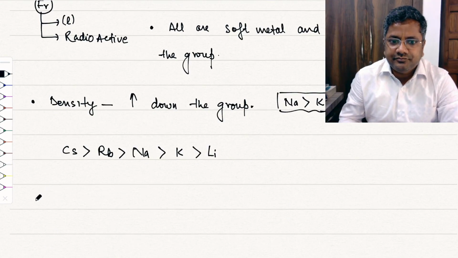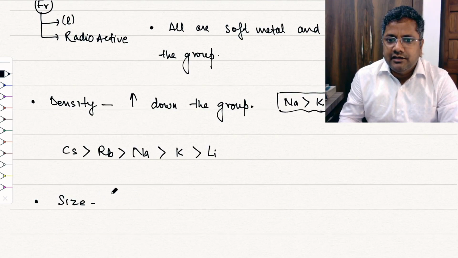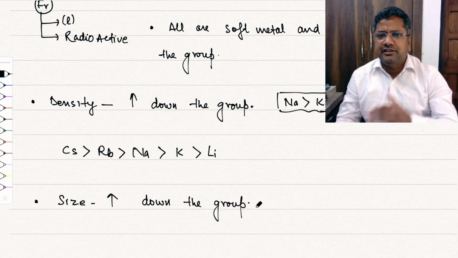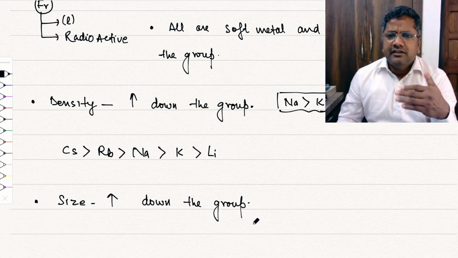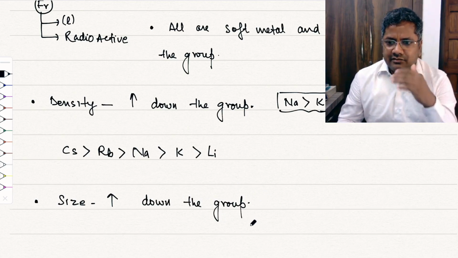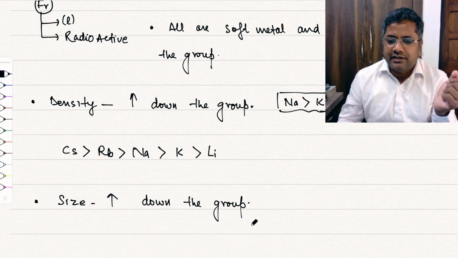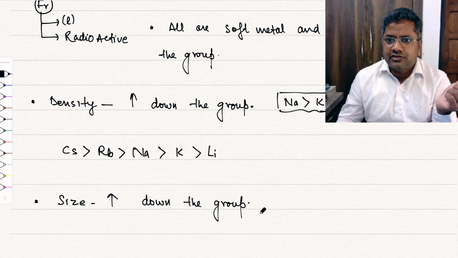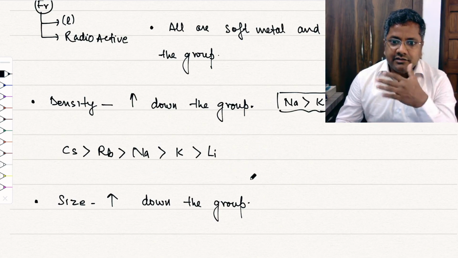Size increases down the group, and all the properties of these elements, they are normal, because no such great exceptions are there. Few of them have some exceptional properties, but not much exception.